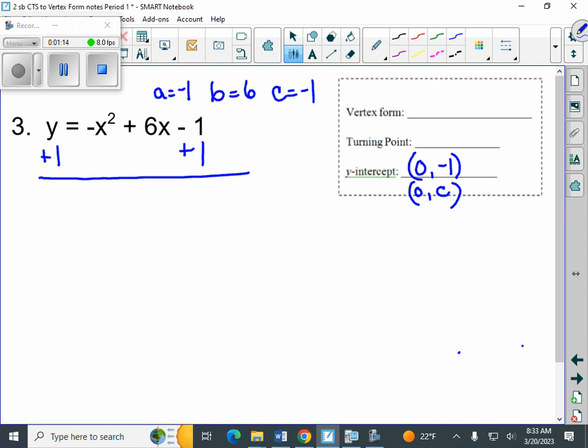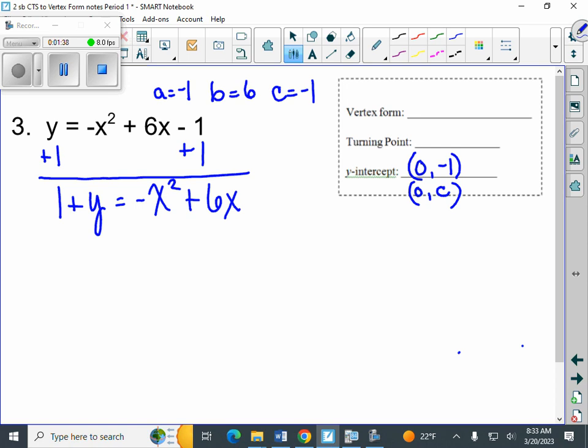There is nothing wrong with writing y plus 1. 1 plus y equals negative x squared plus 6x. Normally at this point, I would write a box in here, but we cannot complete the square because there's a negative in front of the x squared term.